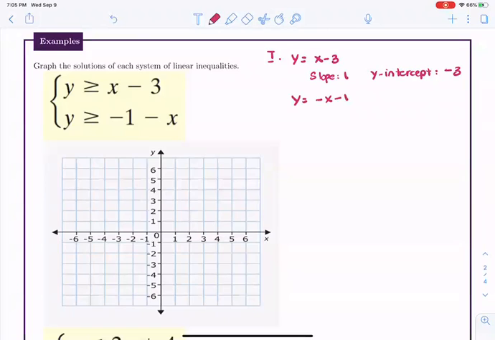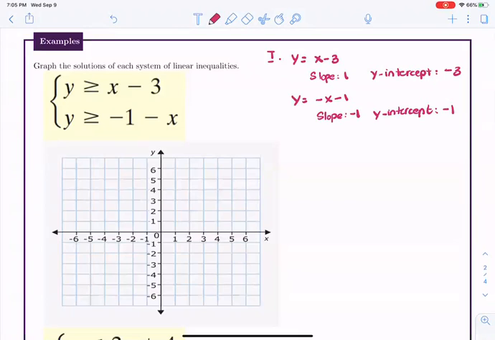I like to preserve order. So the slope is negative 1, and the y-intercept is also negative 1. So now we just have two lines.